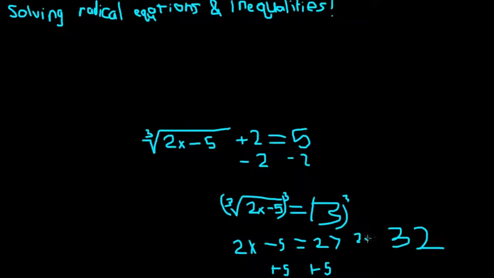So 2x equals 32. Then you divide by 2. I think it's 16. Yeah, 16. So then we know x equals 16.